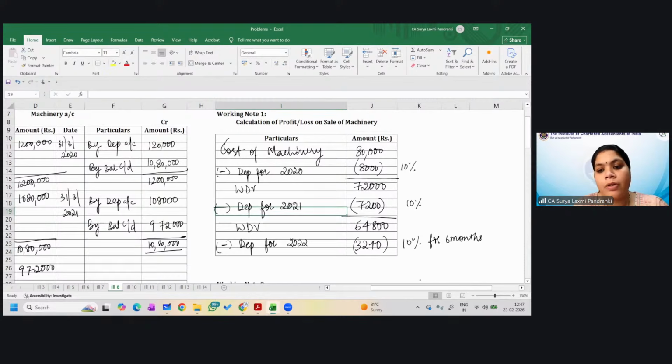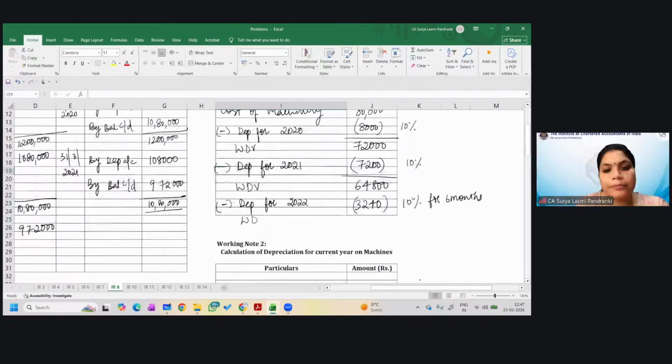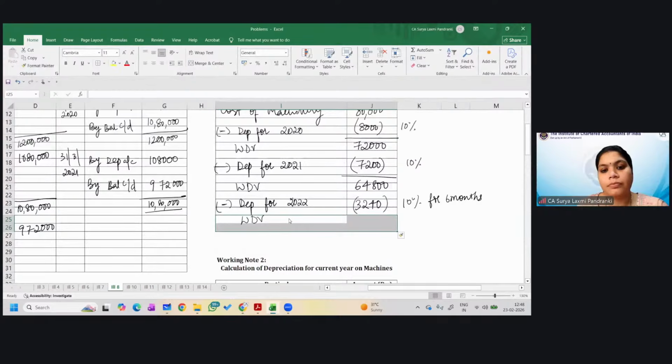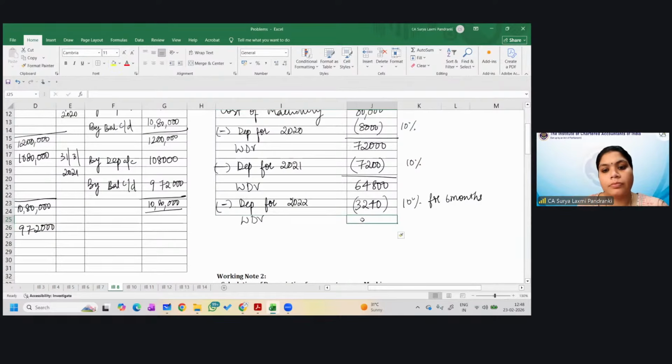Okay. So what is the WDV? 61,560 is the WDV. Now this has to be compared to sale proceeds.